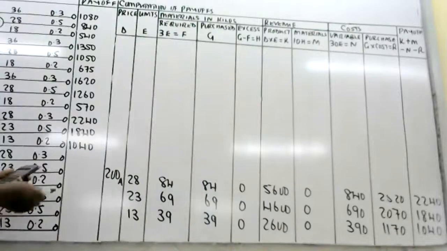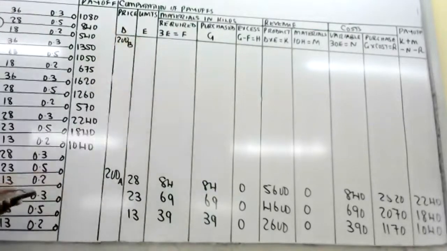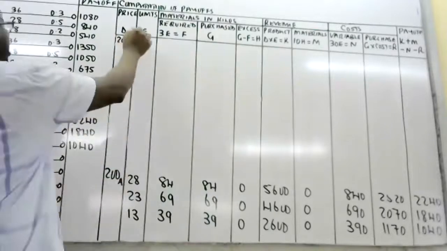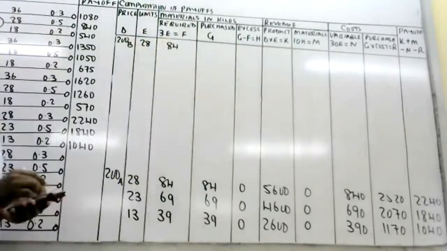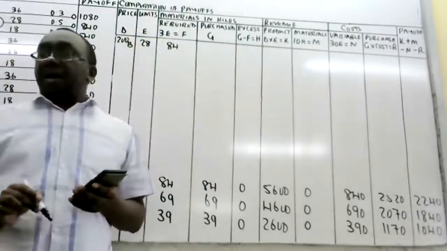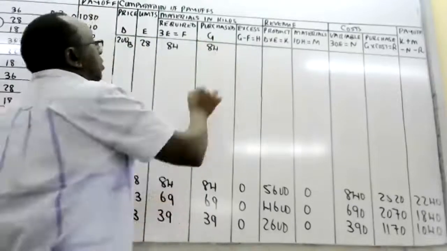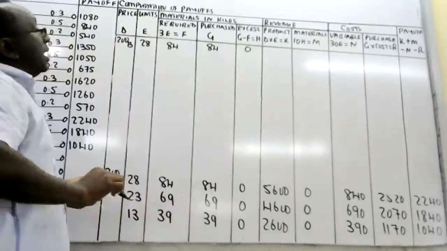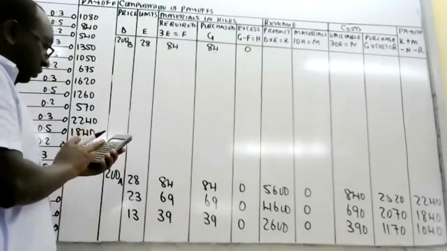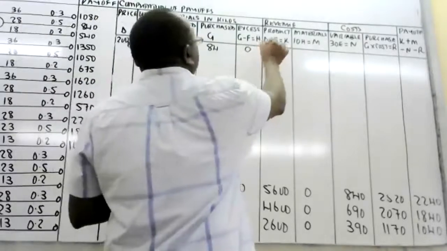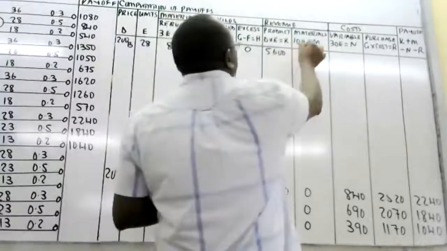Okay, so now 200B. 200B, I have 28. So the units required are 84. When I'm in B, I'm supposed to buy a minimum of 50. So I will still buy 84, so no excess. But the revenue will be 28 times 200, that is 5,600. No material here.